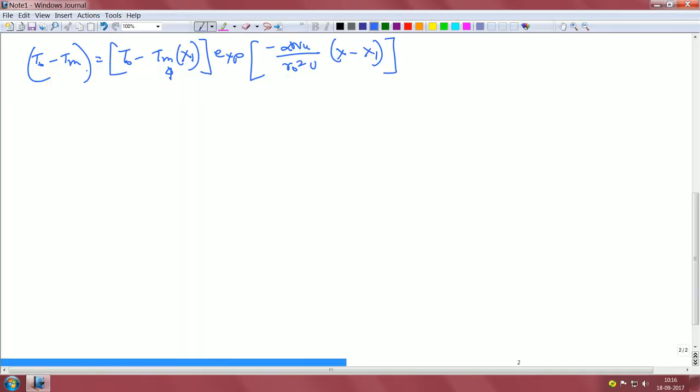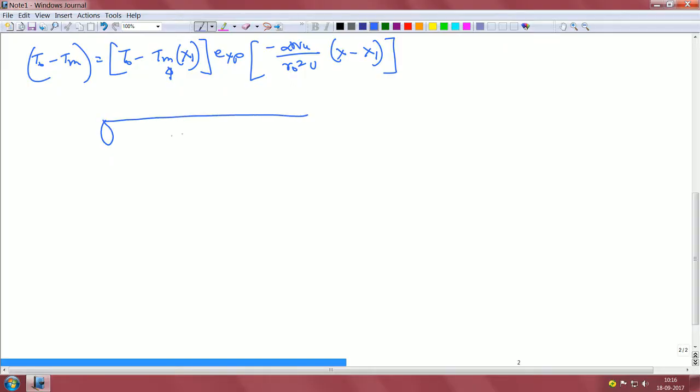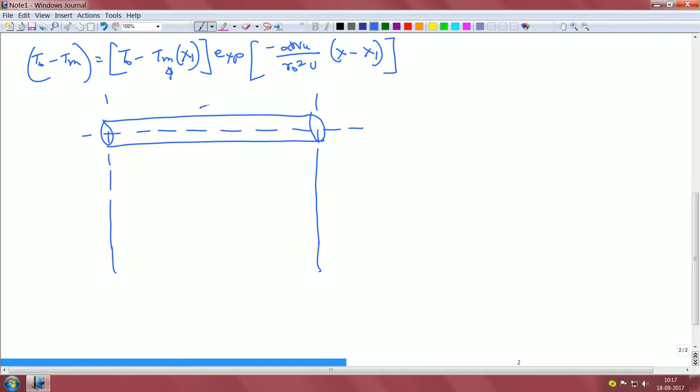After that you can see that the T naught minus Tm term starts to go down exponentially, because it is exponential minus. So, this particular expression starts to come down exponentially. That is what is given by this form of the equation. If I once again show it on a scale here, say this is the pipe, these are the two axes, this is the center line, this is T naught.